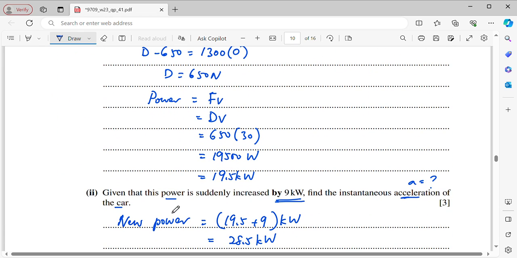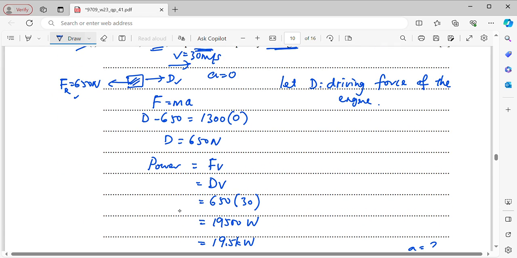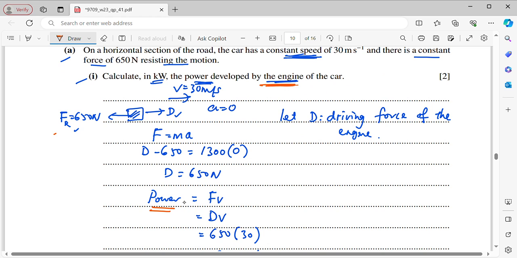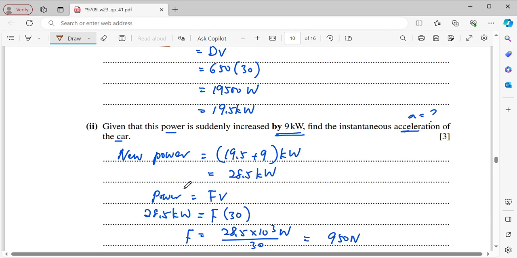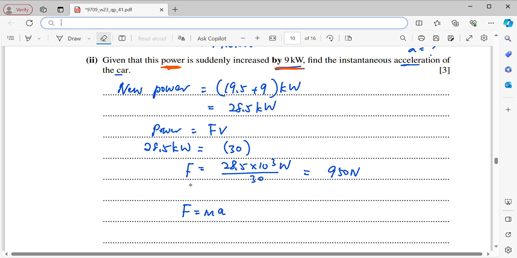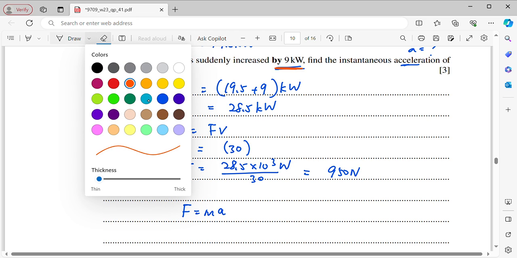Now, look at the question carefully. This power is by the engine of the car, right? That means now the power of the engine of the car increased by 9 kW. That means this is supposed to be the power by the engine. So it should be D. So I made the mistake.